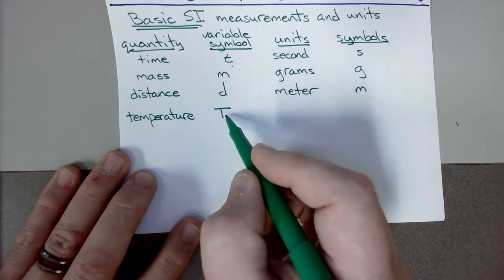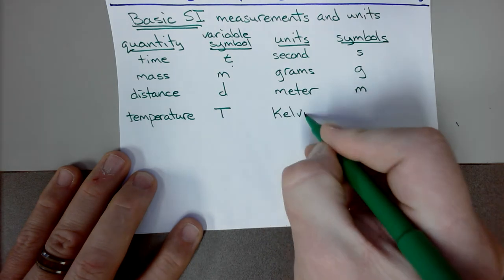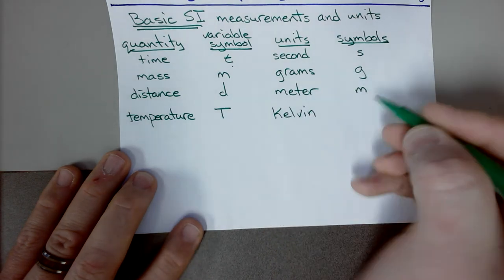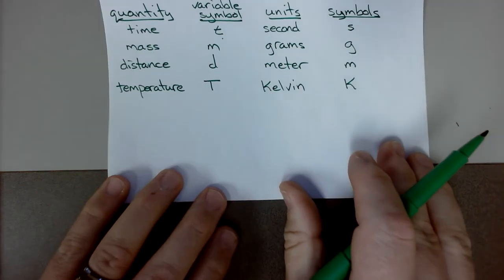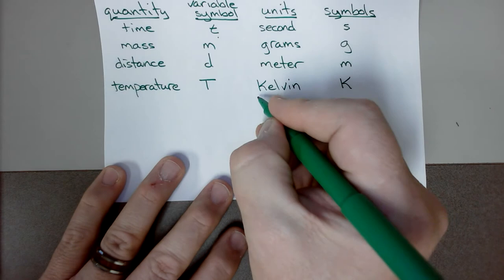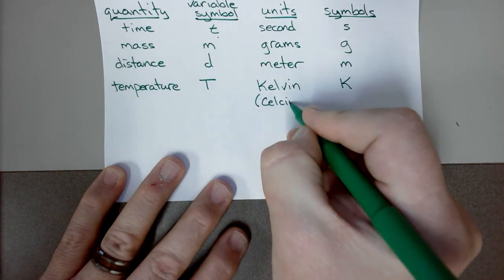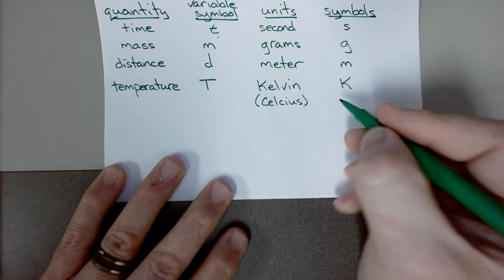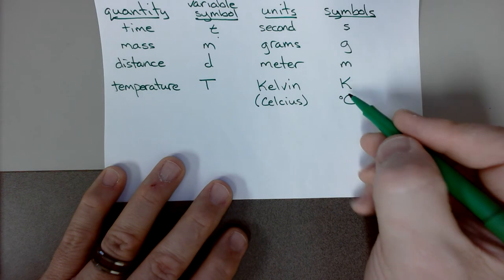We're going to use a capital T. And Kelvin is the unit that the scientific community uses, so I'm going to write the capital K. But a lot of times what we directly measure is Celsius, so I'll put this in parentheses, Celsius. Celsius is represented with degree Celsius. And you notice there's no degree Kelvin, but there's a degree Celsius.